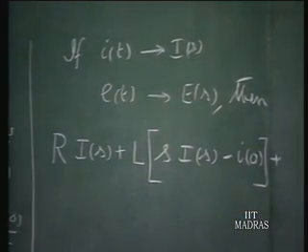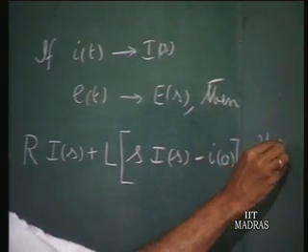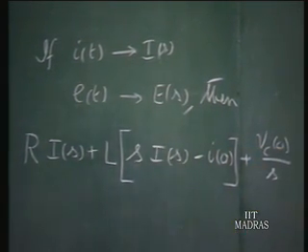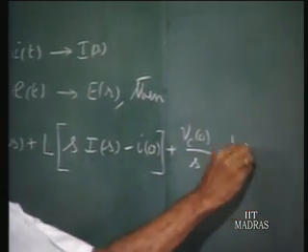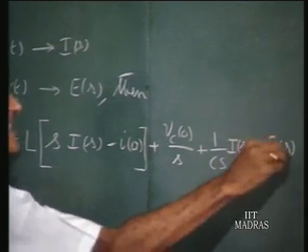Plus Q0 over Cs, that is Vc0 over s, since Q0 over C is Vc0. Plus 1 over Cs times I(s), that is equal to the forcing function E of s.